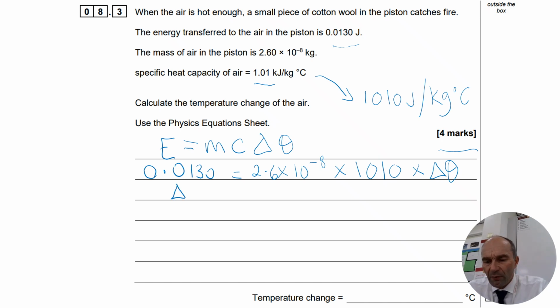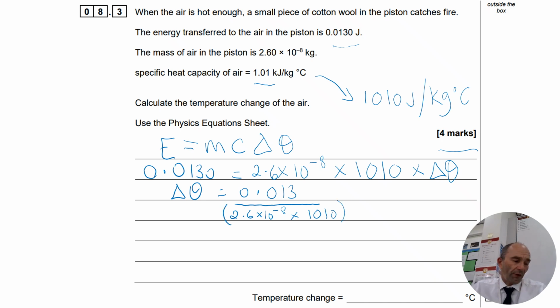That means that the change in temperature equals 0.013 divided by the 2.6 times 10 to the minus 8 multiplied by 1010.